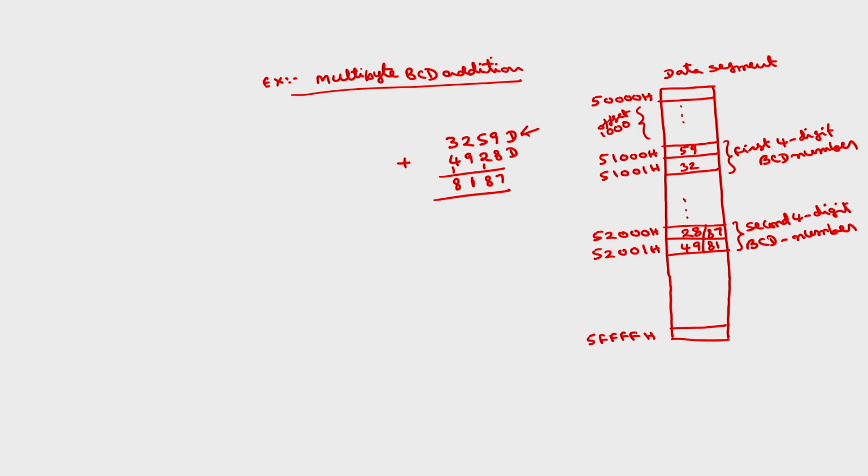We have 2-byte addition. So initially, these common instructions will be there. So data segment will be 5000. Move AX, 5000H, then move it to the data segment register.